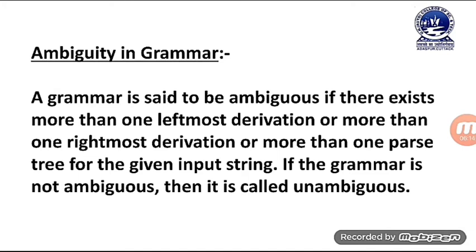The definition is: a grammar is said to be ambiguous if there exists more than one leftmost derivation, or more than one rightmost derivation, or more than one parse tree for the given input string. If the grammar is not ambiguous, then it is called unambiguous.